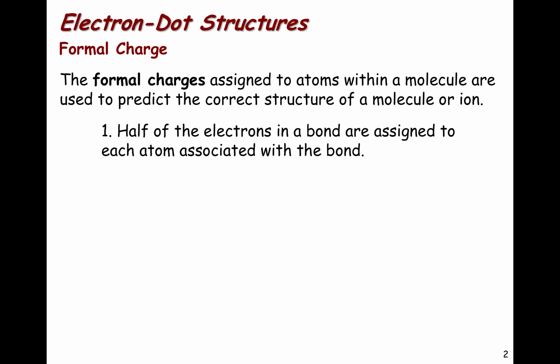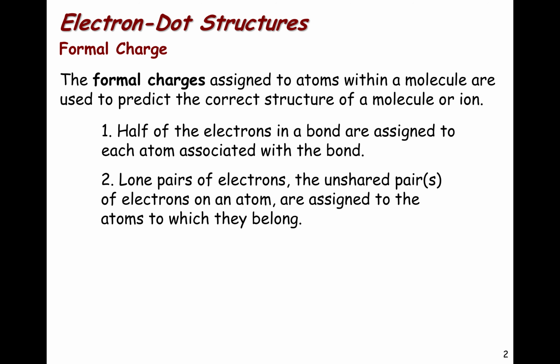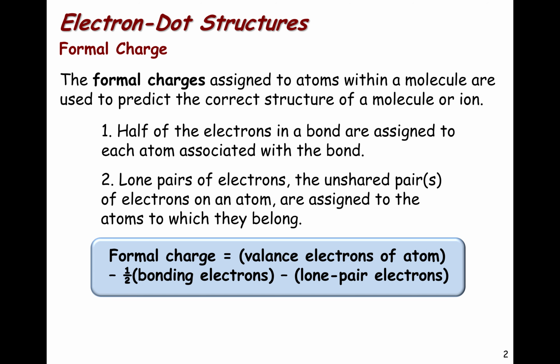So, to determine a formal charge, we are going to assume that half of the electrons in a bonding pair belong to a particular atom. They start out from some atom. Lone pairs are assumed to completely be owned by a particular atom, so they both belong to the atom.